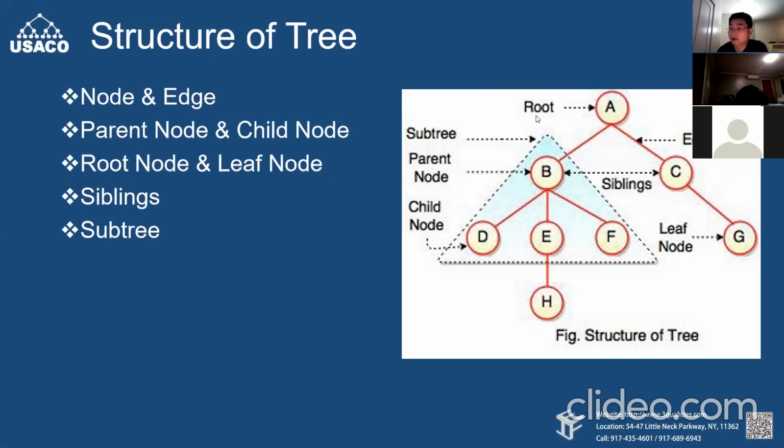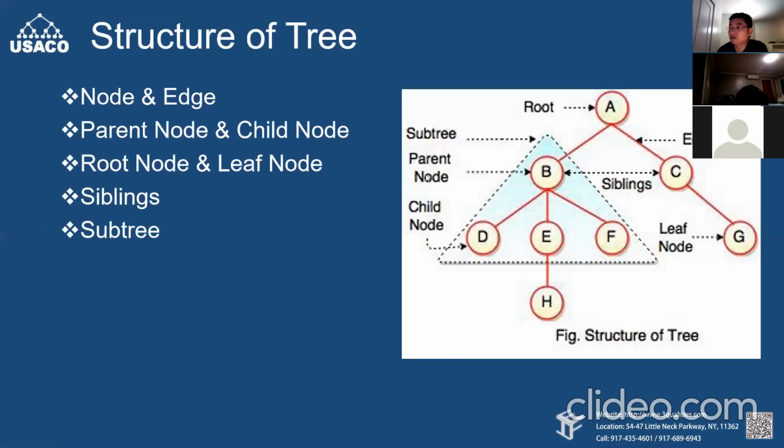That's easy to understand, because the whole tree starts from A. And A has two child nodes, B and C. They are the nodes under A, so they are called child nodes.